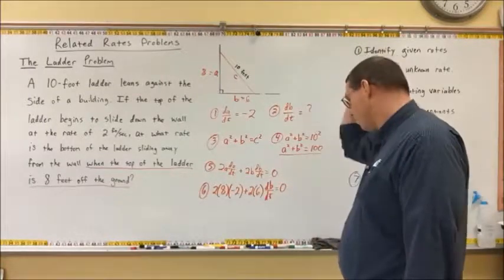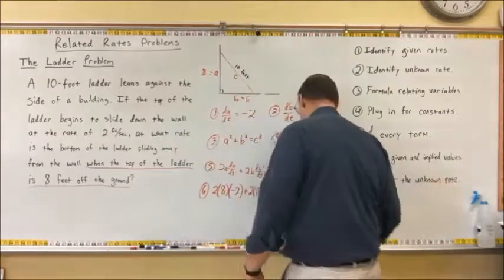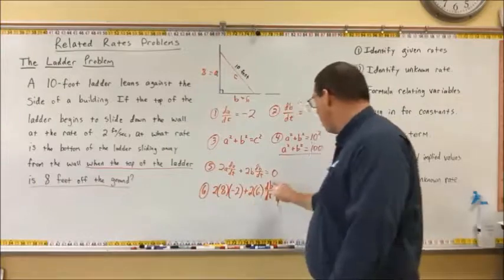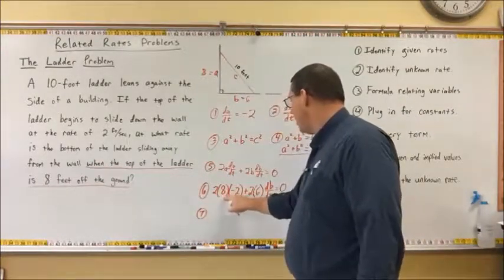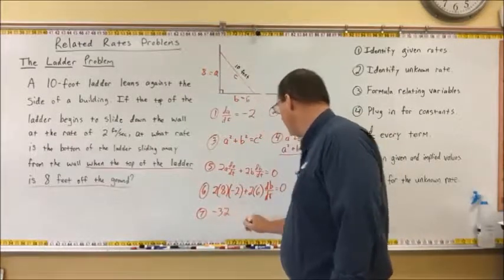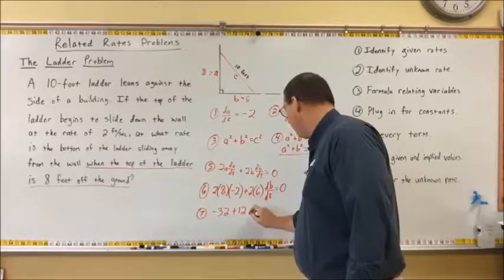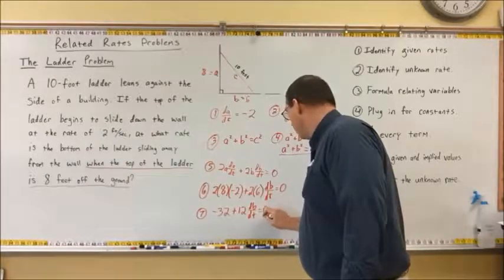This is our formula. And then step 7 says solve for the unknown rate. So now all we have to do is a bunch of algebra to be able to solve for dB dt. So step 7, 2 times 8 times negative 2 is negative 32. Plus 2 times 6 is 12. Plus 12 dB dt is equal to 0.